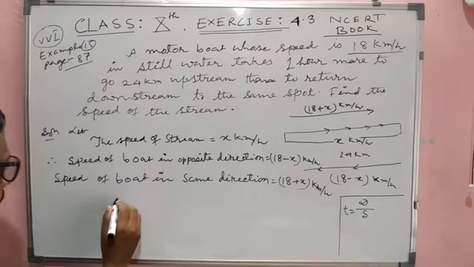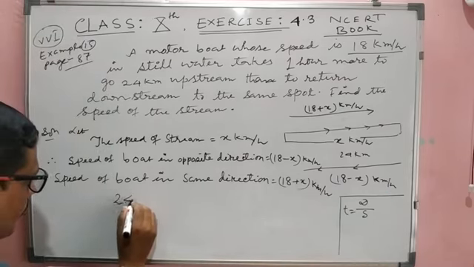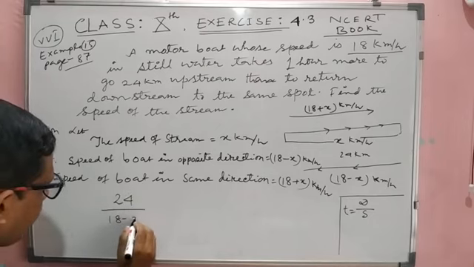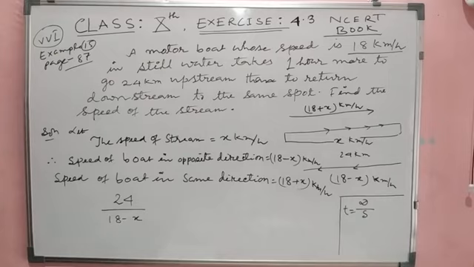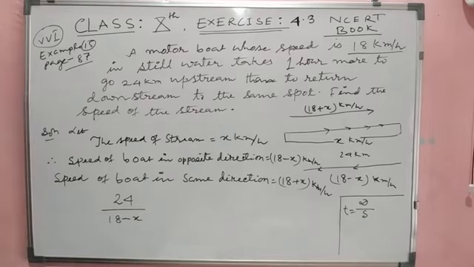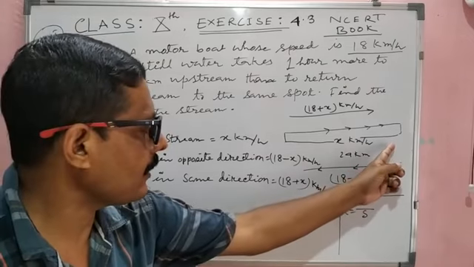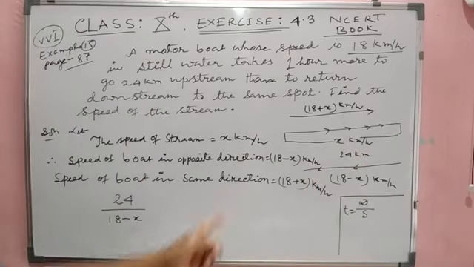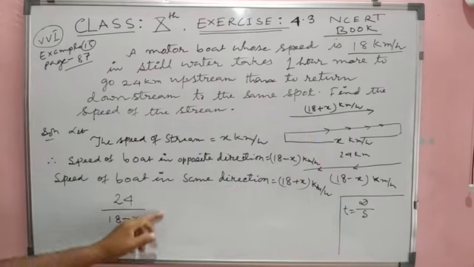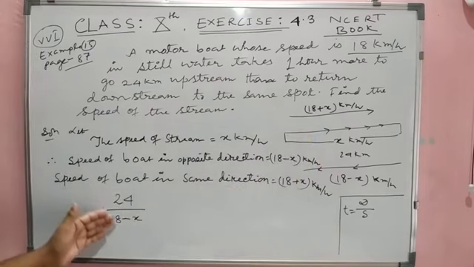Therefore, time taken to travel 24 kilometer in the opposite direction will be 24 by 18 minus x hour. This is the time taken by the boat to move 24 kilometer against the stream.